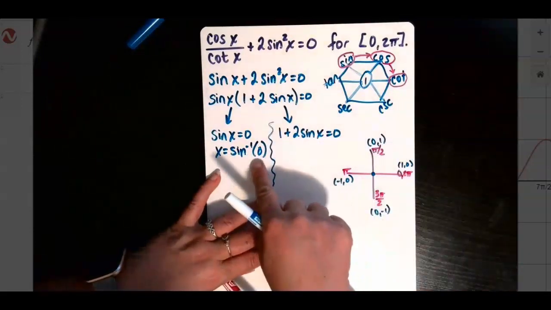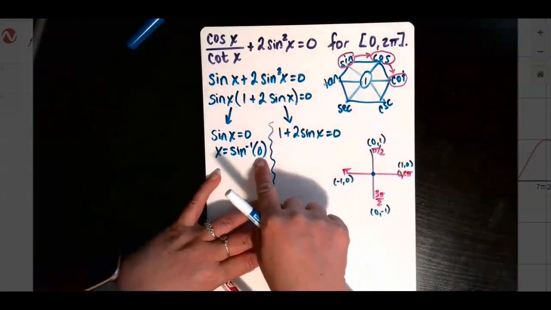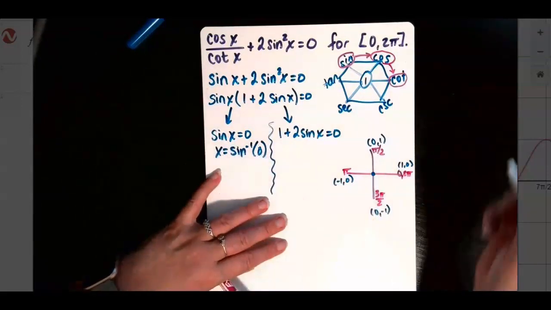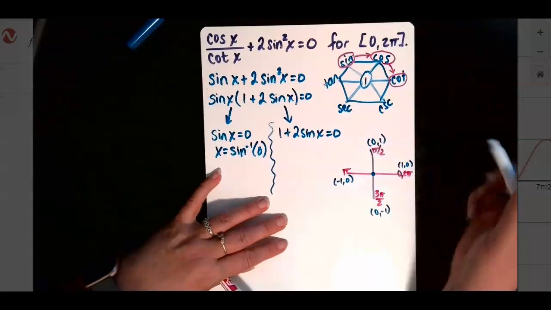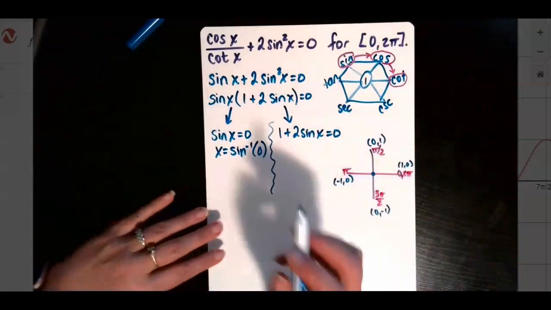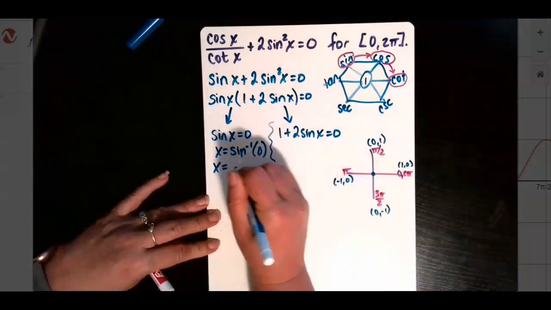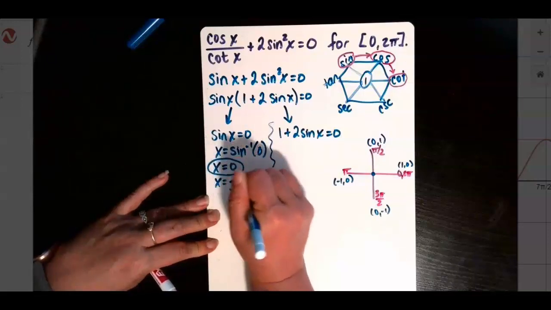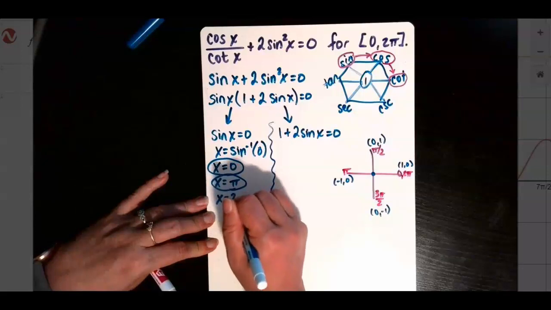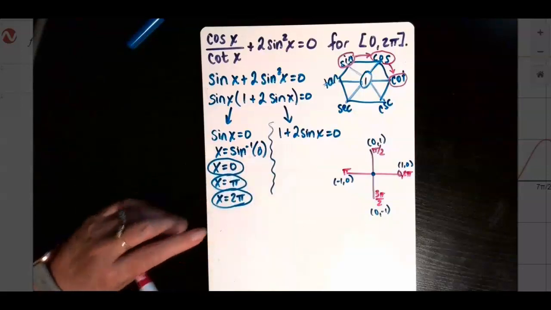So we're looking for the angles where 0 is the y value, and that's going to occur here at 0 radians, 2 pi radians, and at pi radians. So those will be the three solutions: x equals 0, x equals pi, and x equals 2 pi.